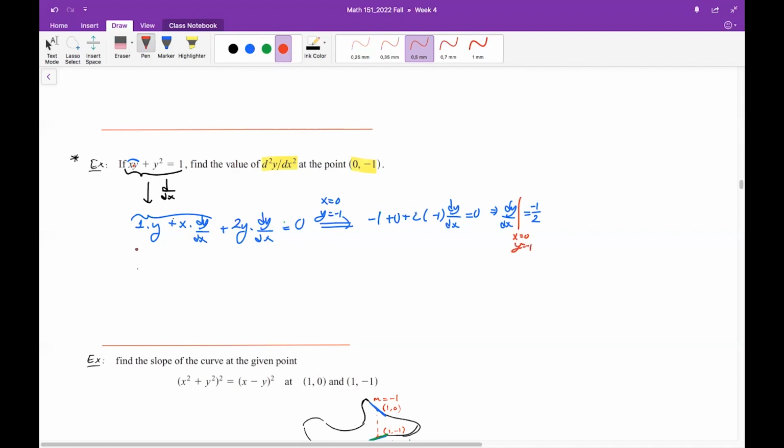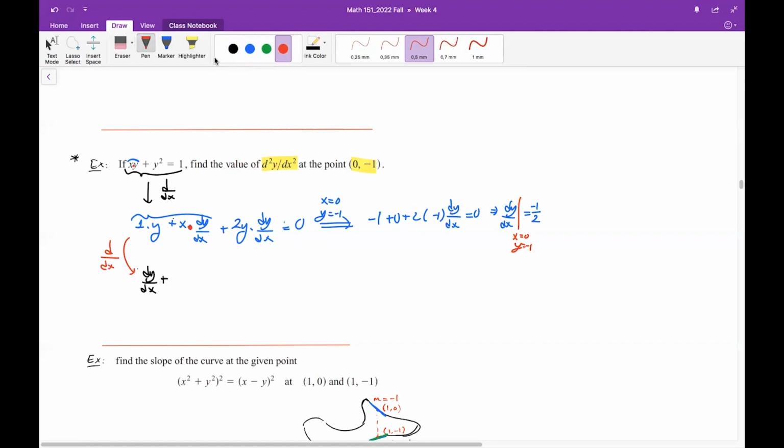Okay, now we will keep differentiating this line again once more because we need the second derivative. This line contains the first derivative of the function. That's why I need to differentiate one more time. Derivative of y is dy over dx, okay? And then we come to here.